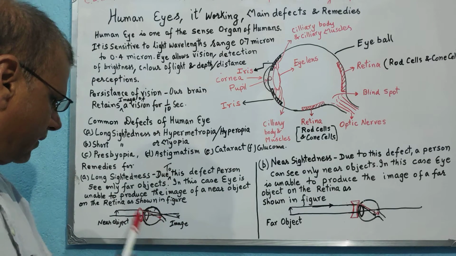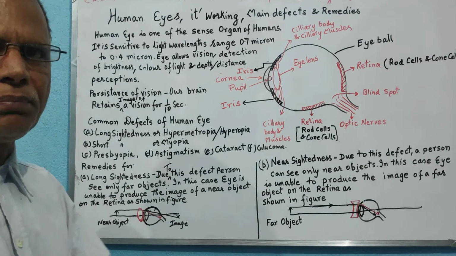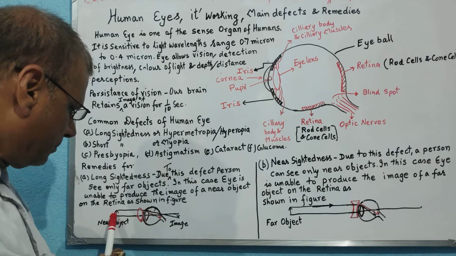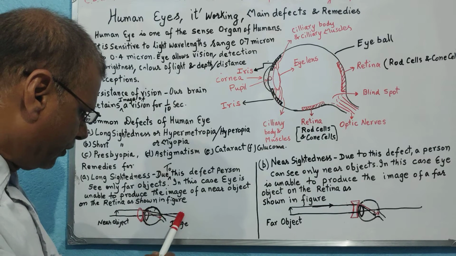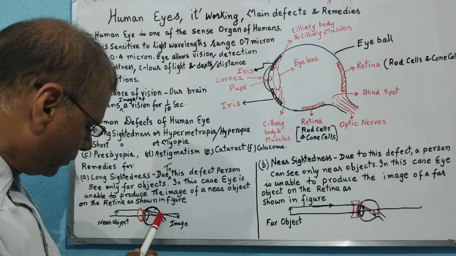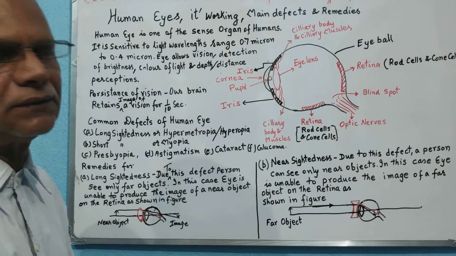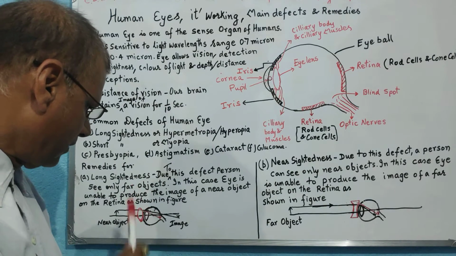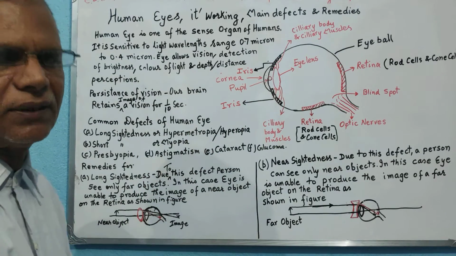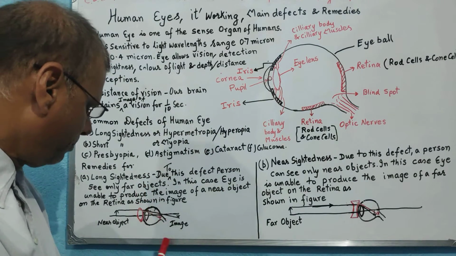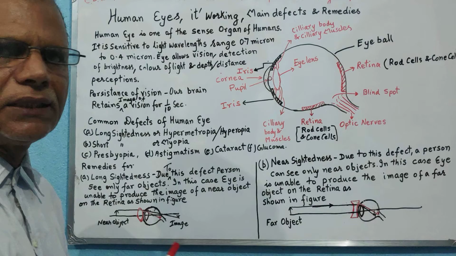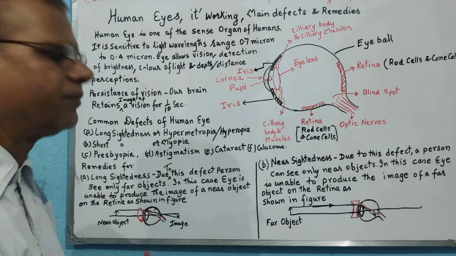Then what we need to do is introduce a convex lens of proper focal length such that the image of the near object is brought forward from somewhere outside the eye and formed on the retina. This enables the human eye to view the near objects as well. The focal length of the convex lens will be decided according to the depth of the problem.